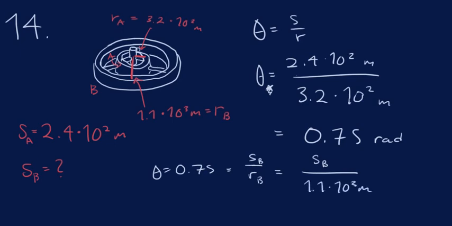So then we multiply 0.75 times 1.1 times 10 to the third to get SB, which equals 825 meters. There you go.